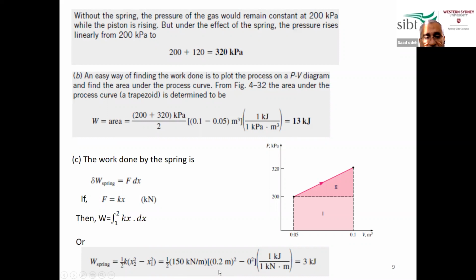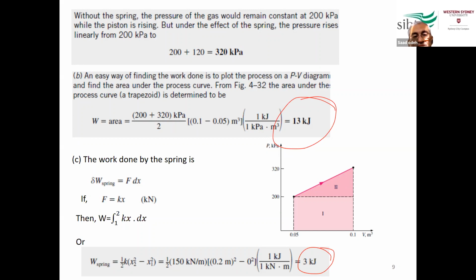This gives the work done by the spring, simply using the force of the spring, which is 3 kilojoule. Compare this with the gas, which is 13, and this one is 3 kilojoule.